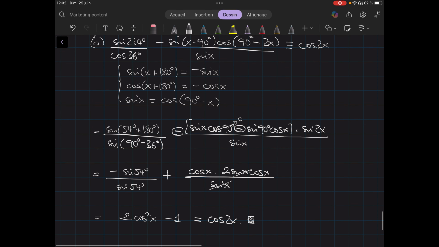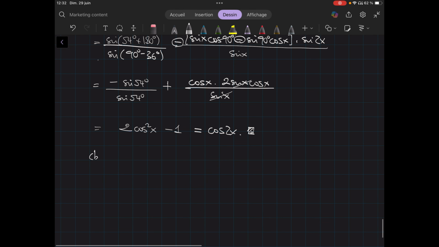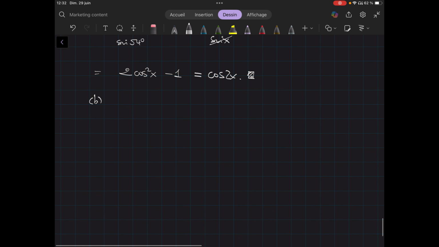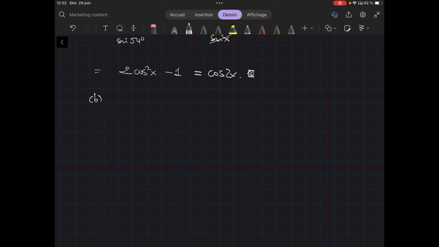In part B, you're then asked to use this identity to solve the equation. So I will replace the first two terms with cos of 2x. Cos of 2x, that is cos squared minus sine squared.